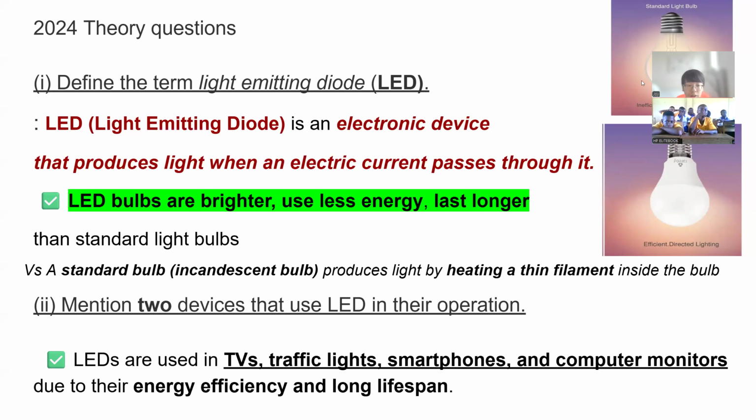Depending on how big the current is, it'll produce varying intensity of light.